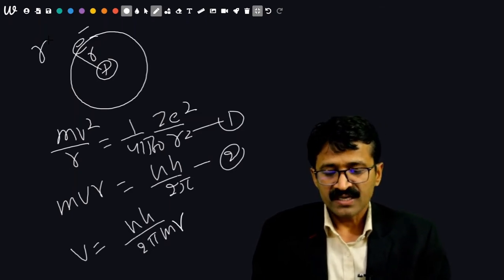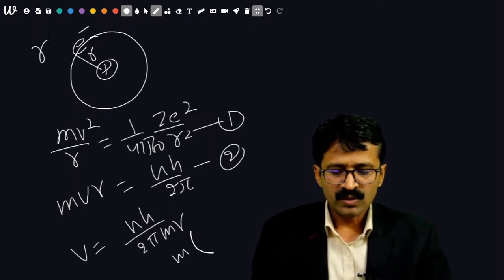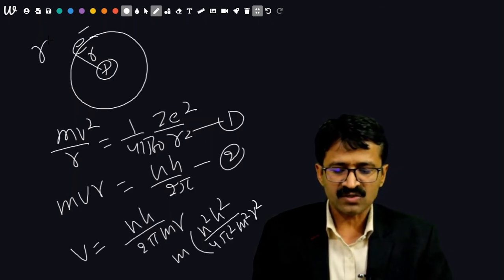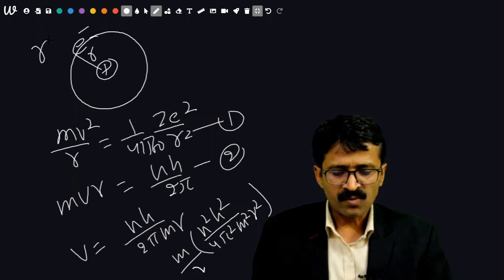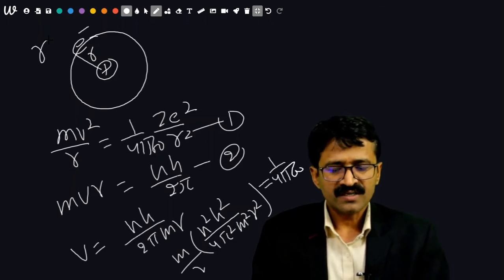and this value is placed in equation number first. When you put this value, you will have m into n square h square upon 4 pi square m square r square upon small r is equal to 1 upon 4 pi epsilon naught Ze square upon r square.